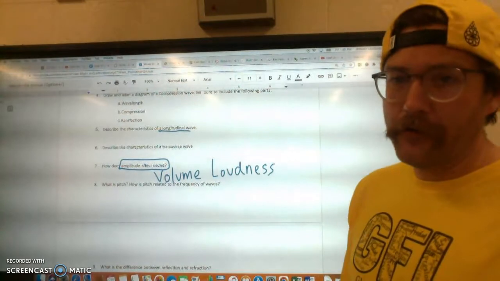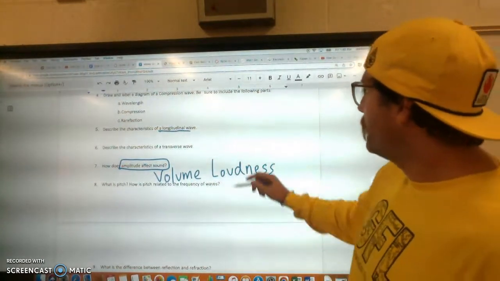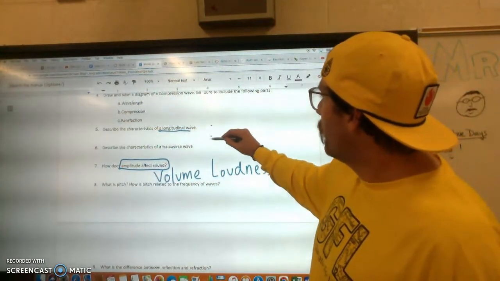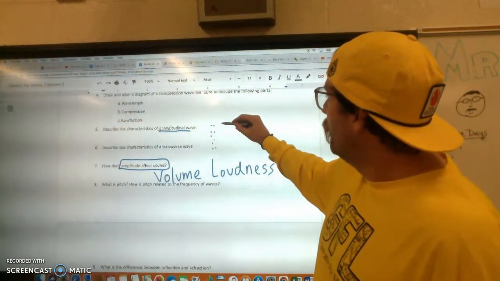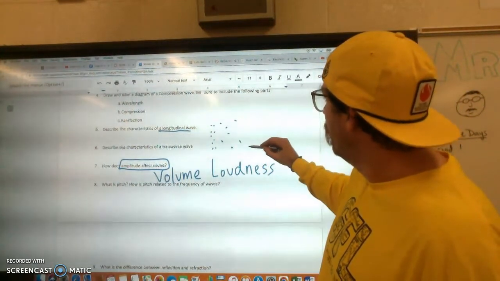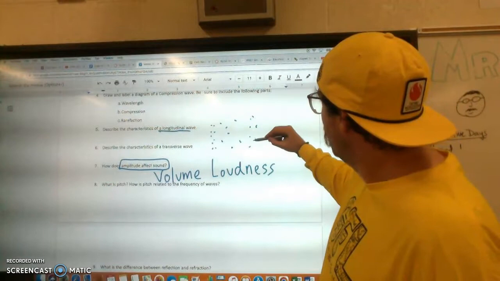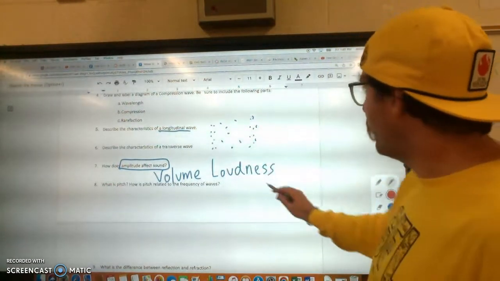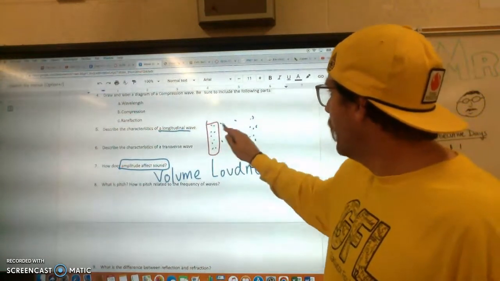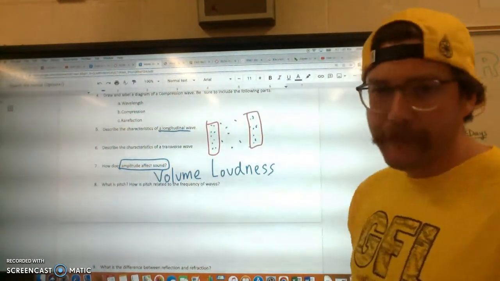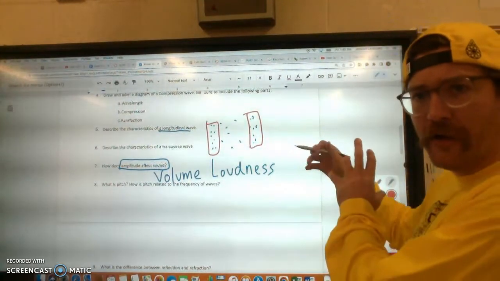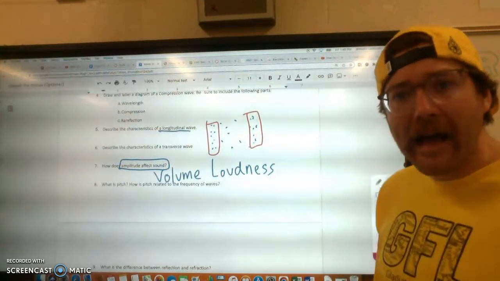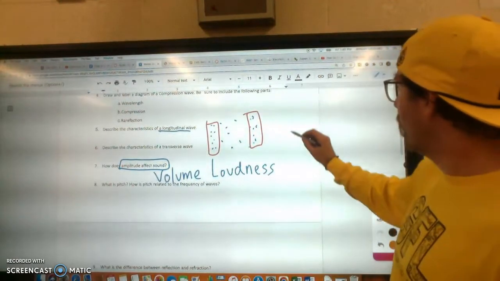of the sound. Okay, so basically we have two examples here. We have this example of a wave, you can see we've got a bit of a compression there and a bit of a compression there. This sound would not be as loud as a wave that might look like this.